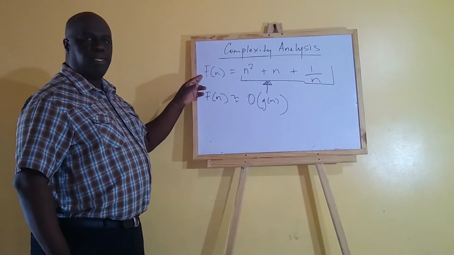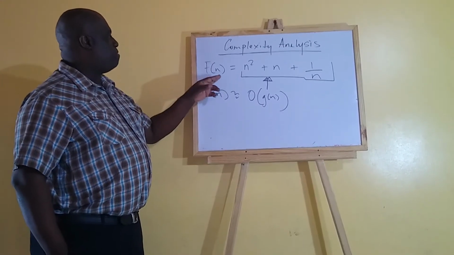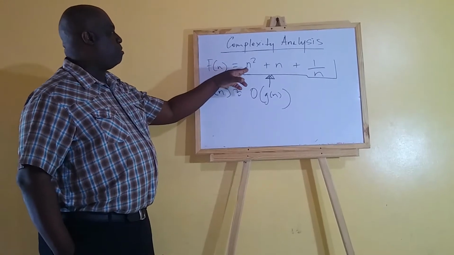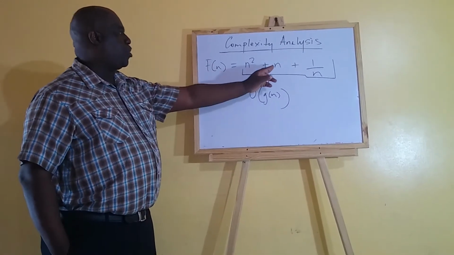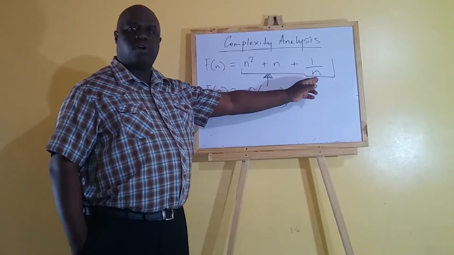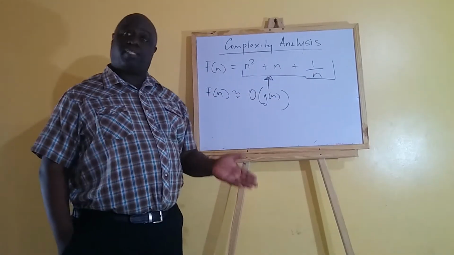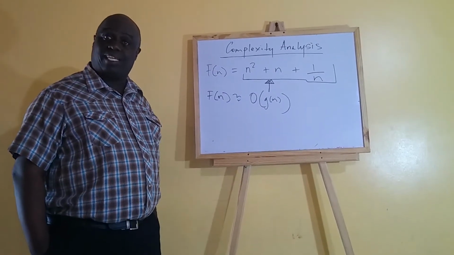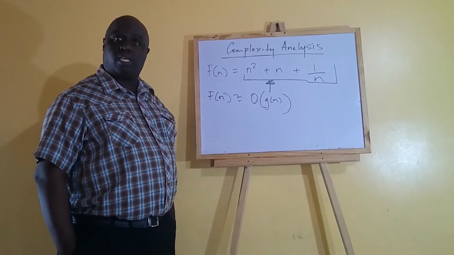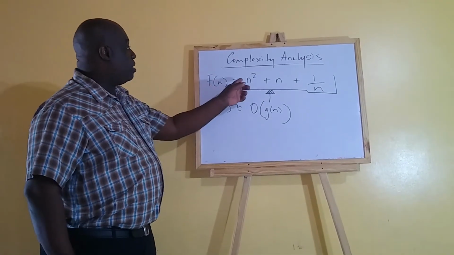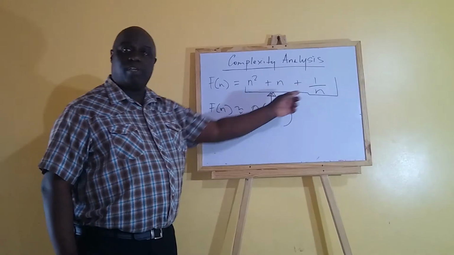So let's use an example as I have on the board. My total cost path operation will have some operation in n squared plus some operation in n plus some operation as what? 1 over n. A very simple example to use is that we are going to run a 100-meter race. The length of time it is going to take to run that race will be dependent on these 3 candidates running the race.